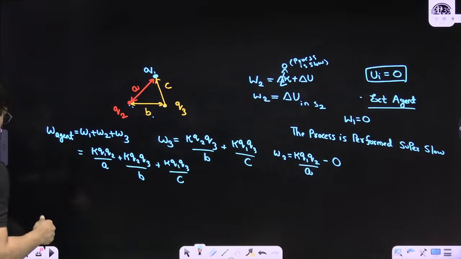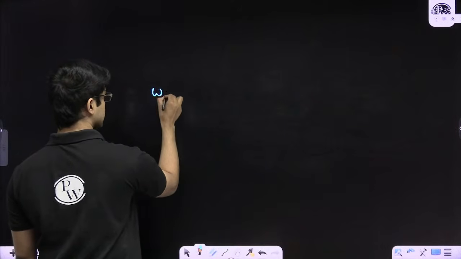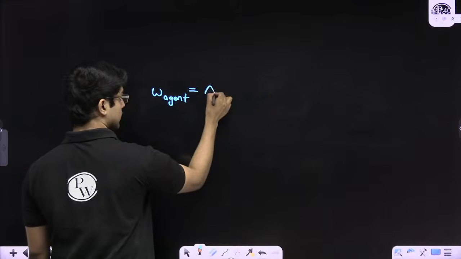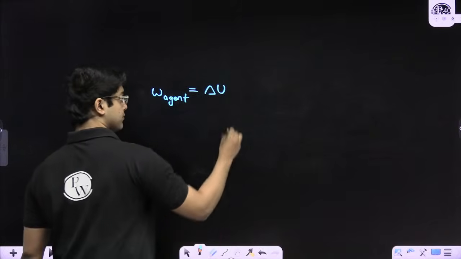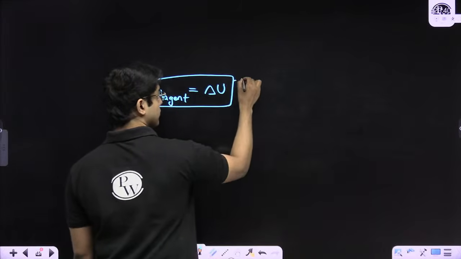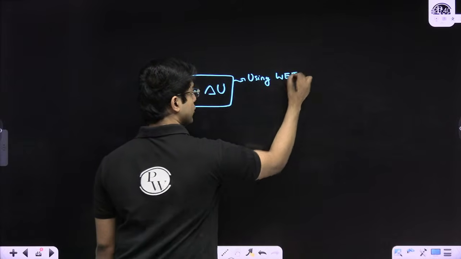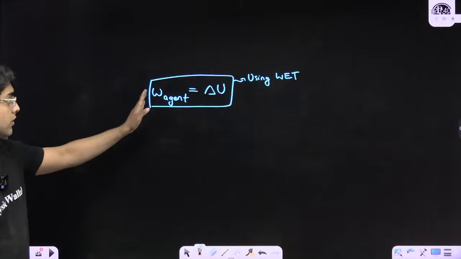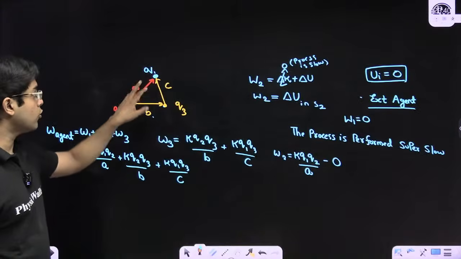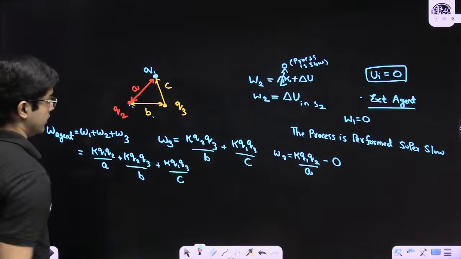Now for this full process, if I say that the work done by the agent is W agent, using the work energy theorem I can write this as change in potential energy. What was the process again? Bringing Q1, Q2 and Q3 from infinitely far away and forming this triangle.